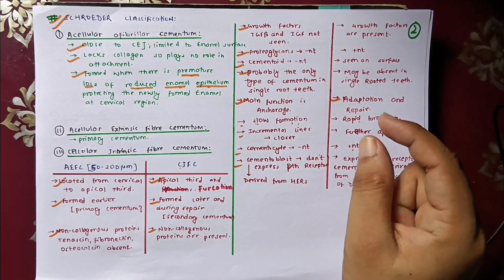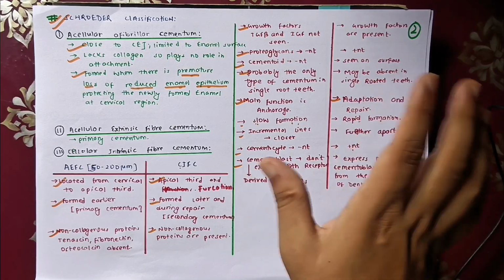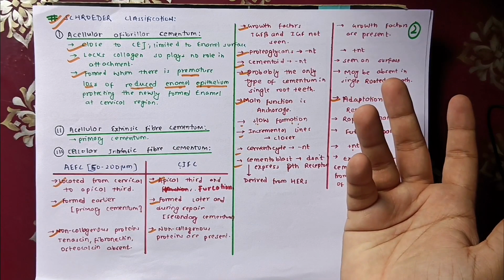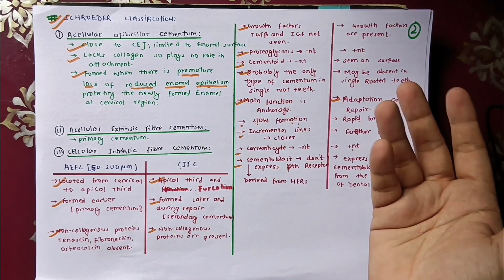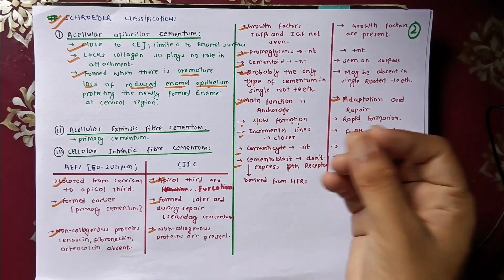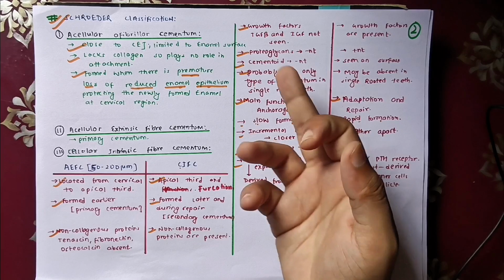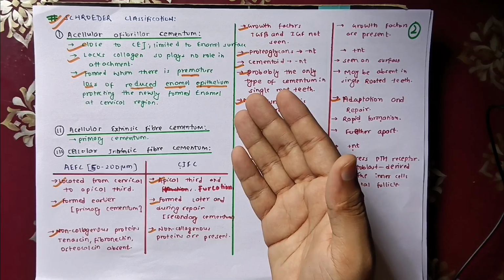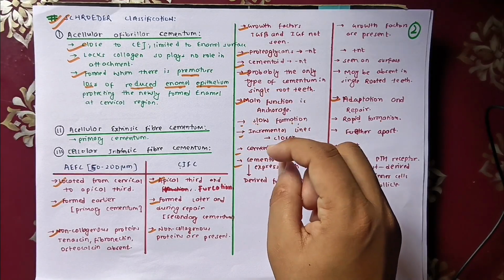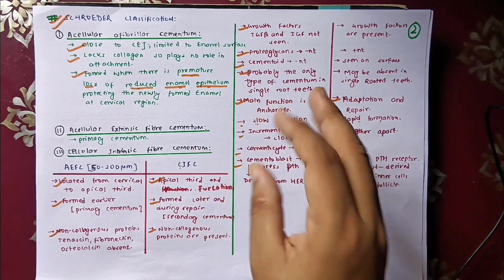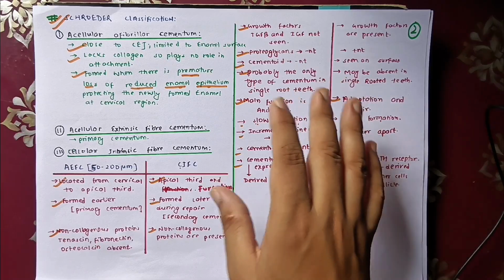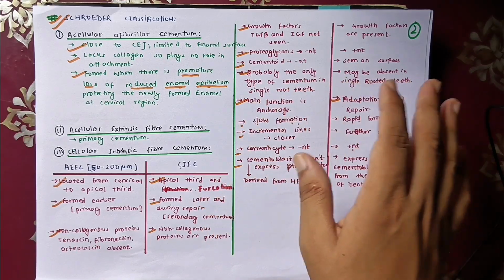That is just common sense, and you should relate all those points. There are no cells, so non-collagenous proteins are absent, no growth factor is present, no proteoglycans, and cementoid is also absent in AEFC. So growth factor, proteoglycan, cementoid and non-collagenous protein are all absent in AEFC but present in CIFC.